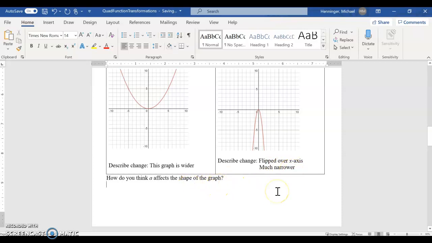So how do we think that A affects the shape of the graph? Well, if A is negative, the graph flips over the x-axis.